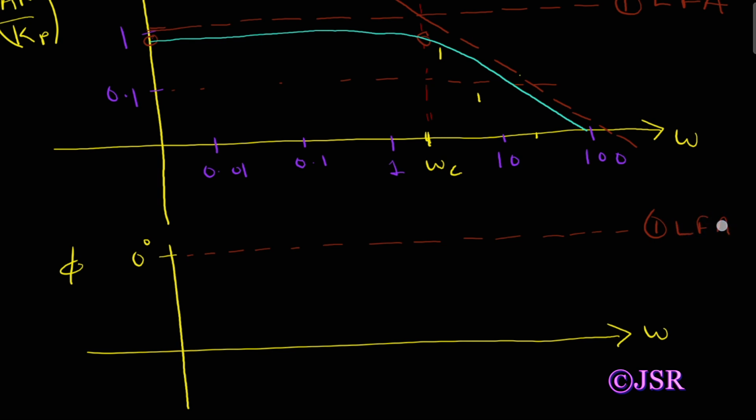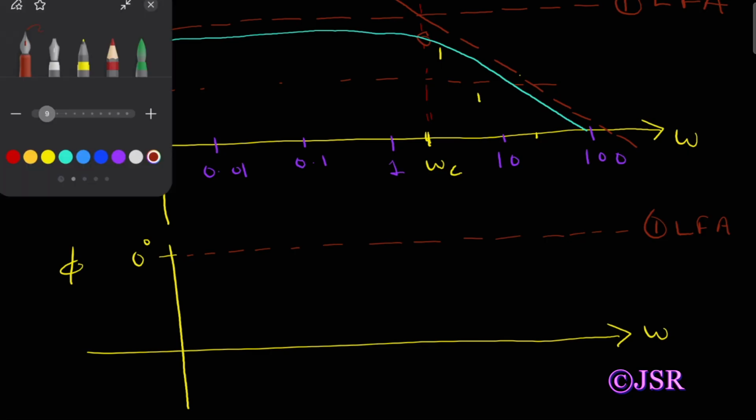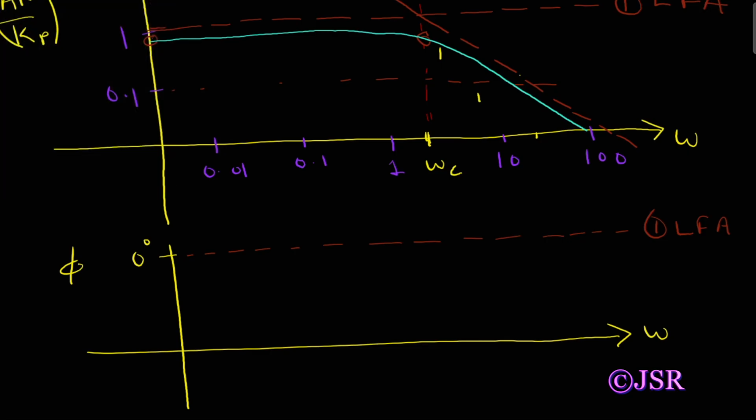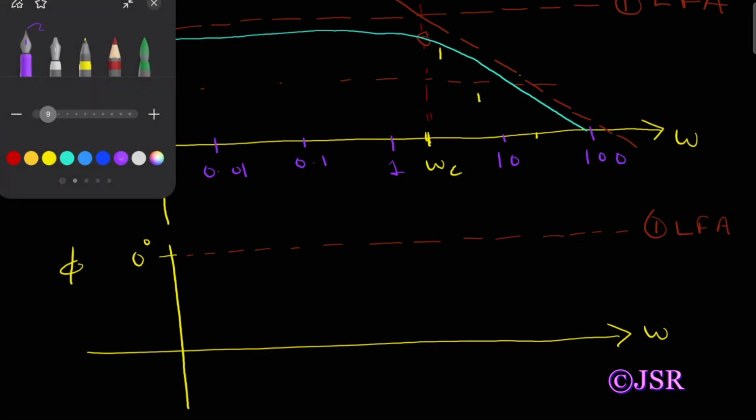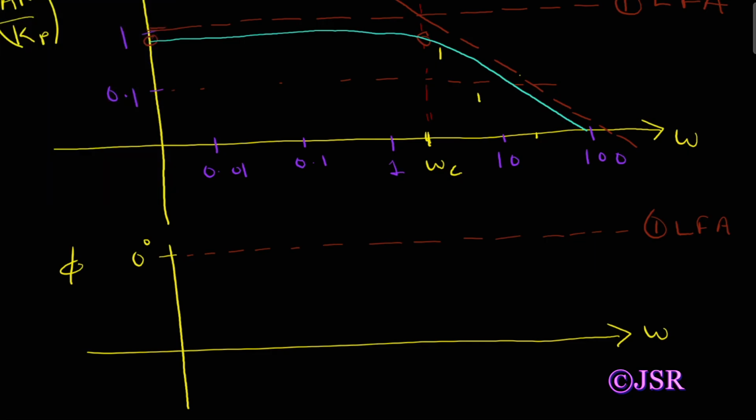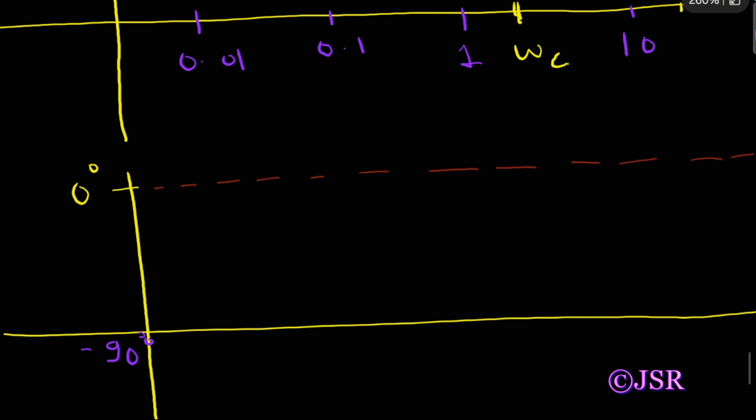When omega tends to infinity, we will be having minus 90 degree.